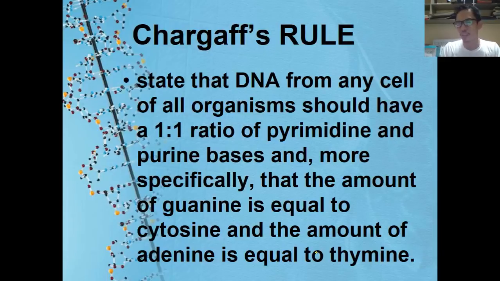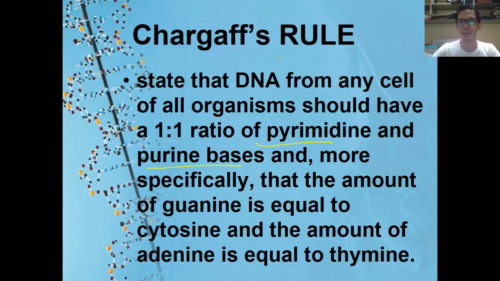Now, Chargaff used this particular observation to form a conclusion that the DNA from any kind of cell of all organisms should have the ratio of 1:1 of pyrimidine and purine bases. Alright, so it is always 1:1.